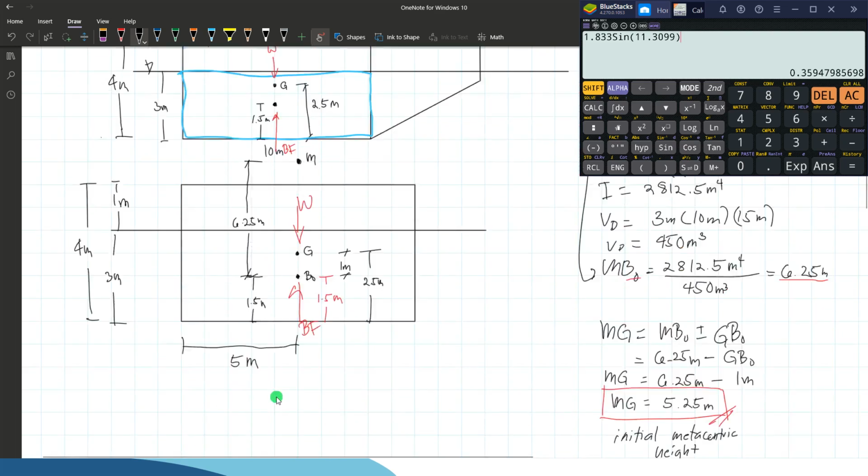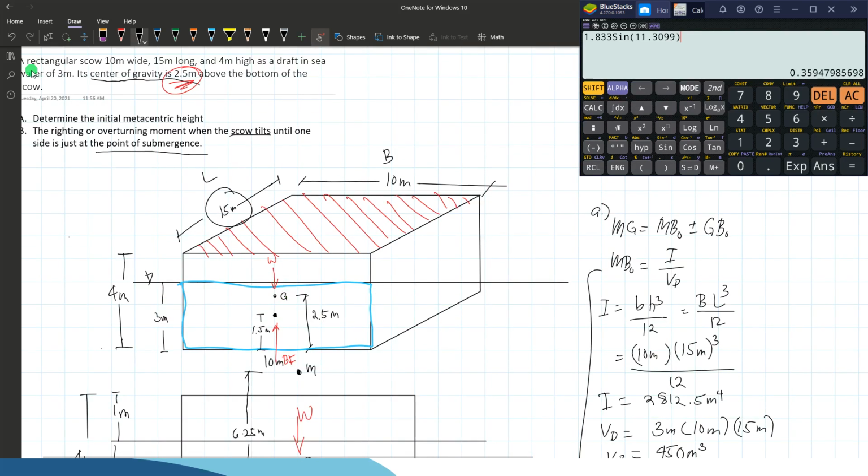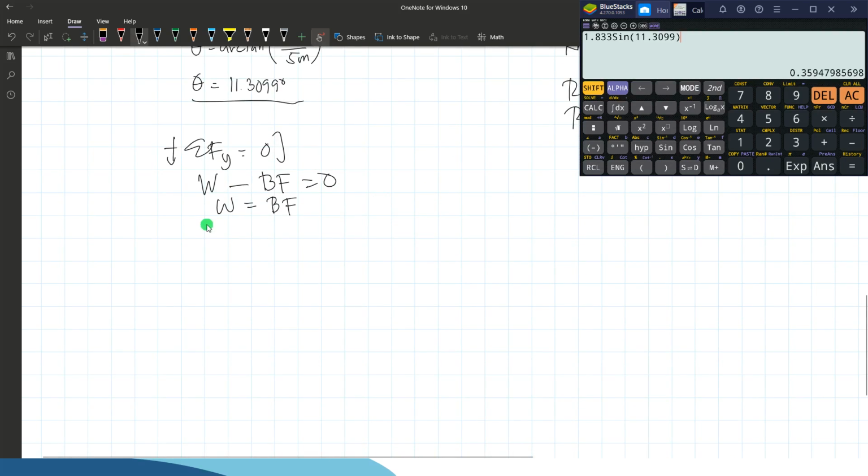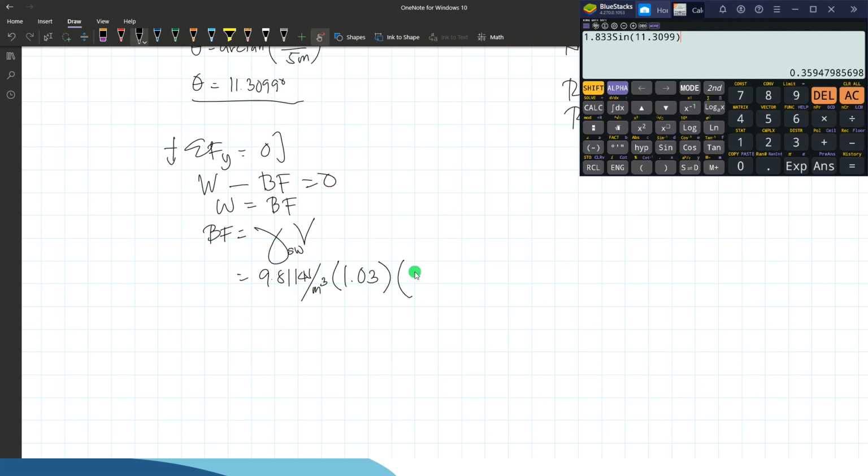The buoyant force therefore, since this is seawater, is unit weight times volume. That's 9.81 kilonewtons per cubic meter multiplied by the specific gravity of seawater, 1.03.